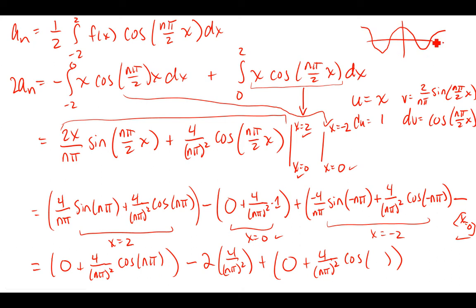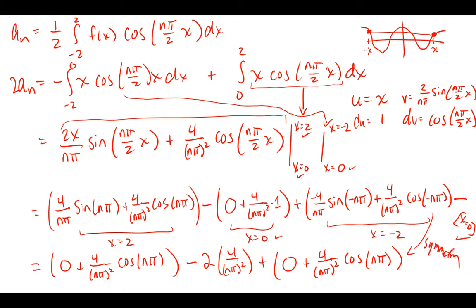If I'm taking cosine of somebody, let's call that x, cosine of negative x is exactly the same. The cosine graph is symmetric about the y-axis. So cosine of negative n pi is exactly the same as cosine of n pi. So that's symmetry.